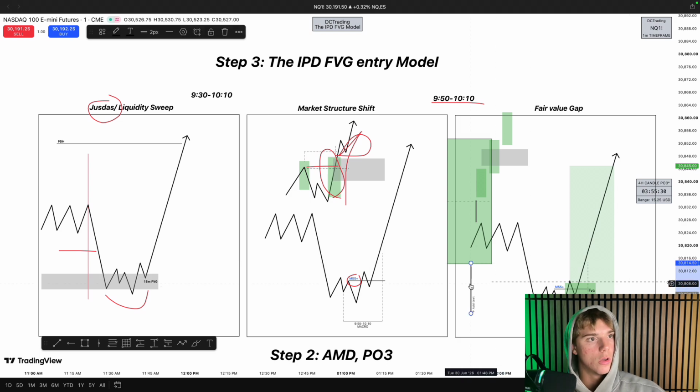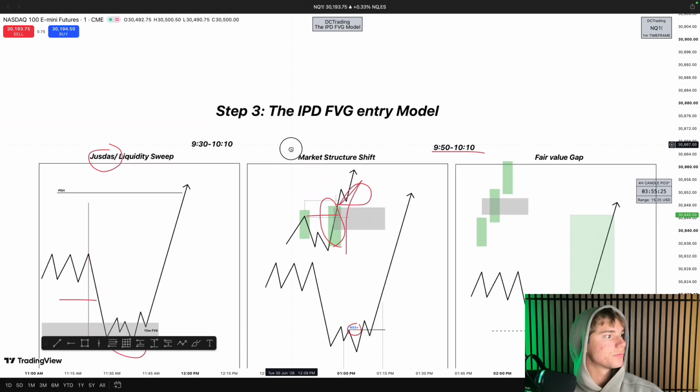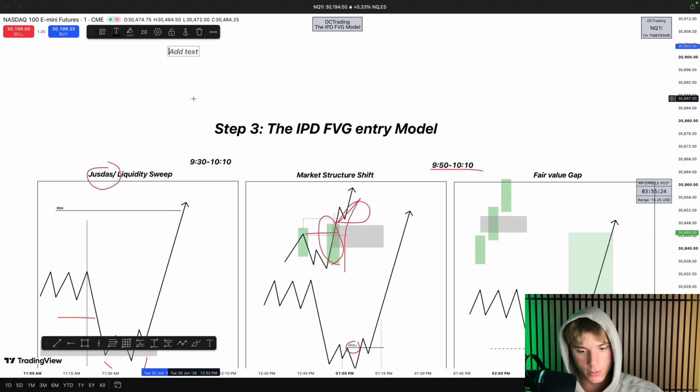So let's mark out what we have already. What we have already is going to be previous day consequent encroachment, and then midnight opening price.